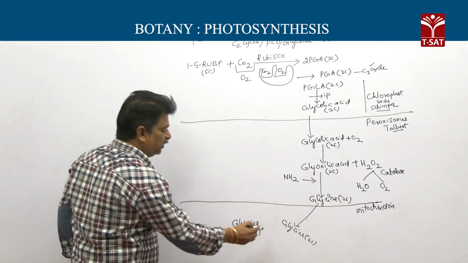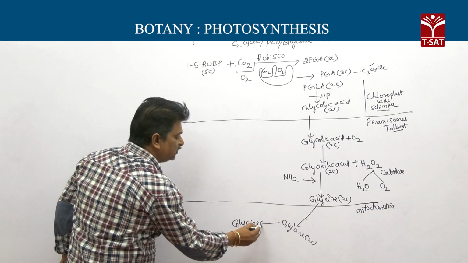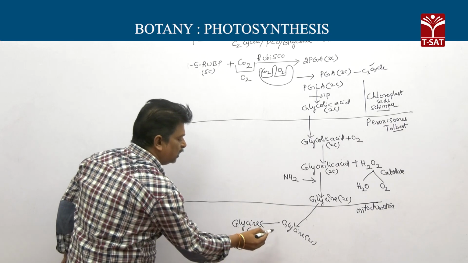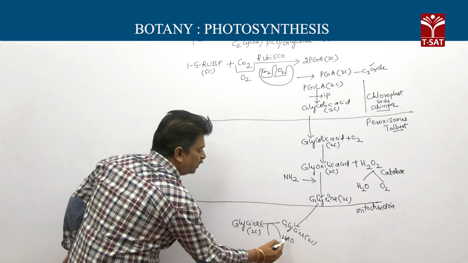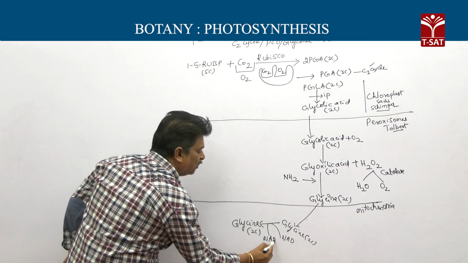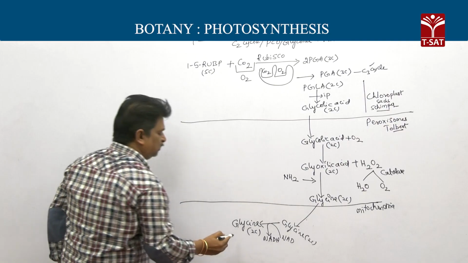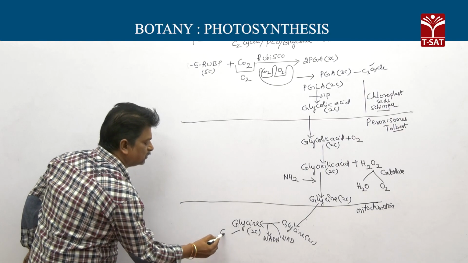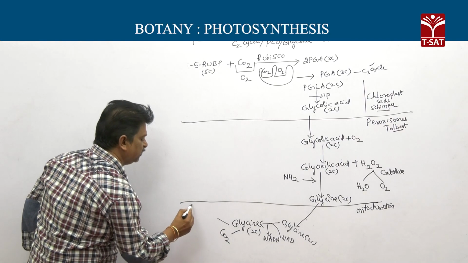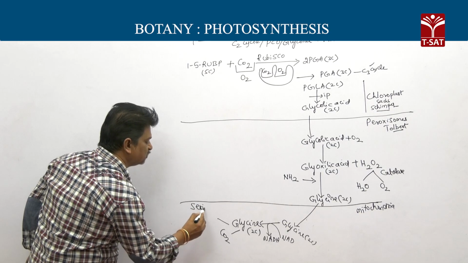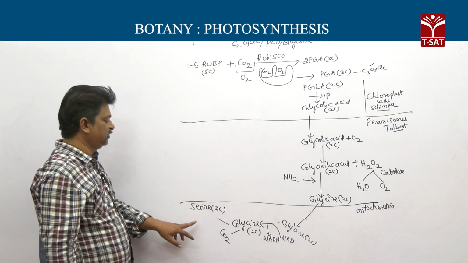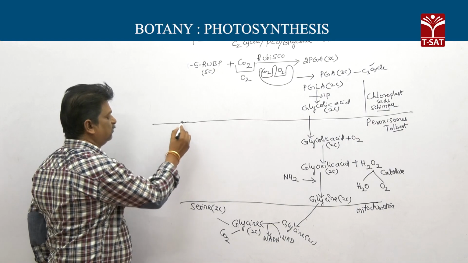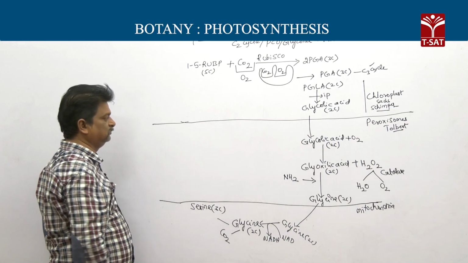So, in mitochondria, two glycine molecules undergo oxidative decarboxylation and form another amino acid, serine.